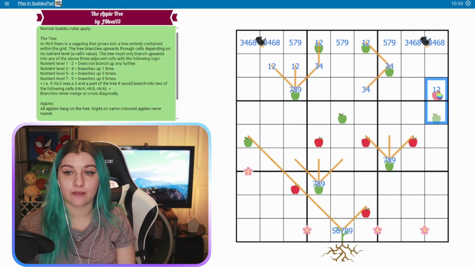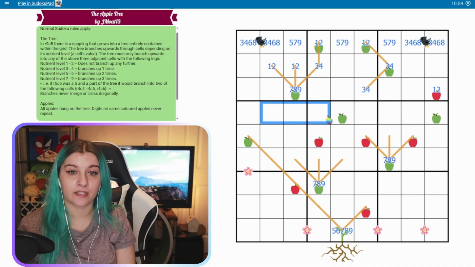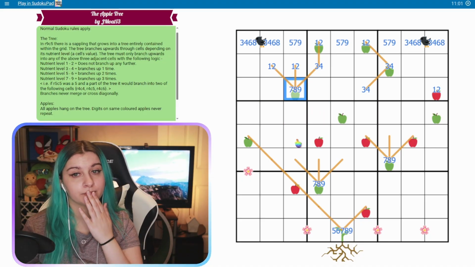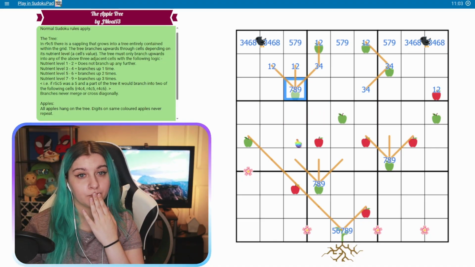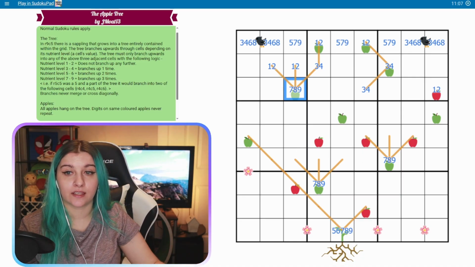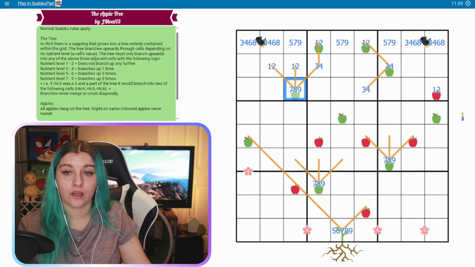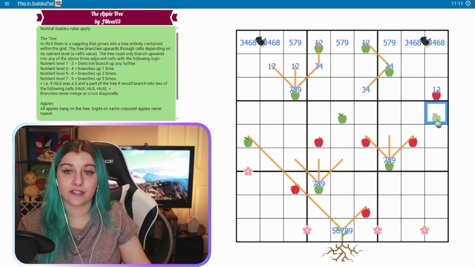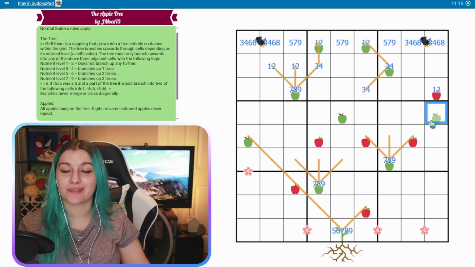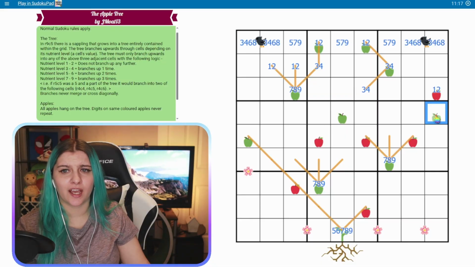This apple can take me here, and this apple can take me here. But I still need something here that'll bring me to here. Let me think again. Oh, well, this needs to go somewhere, right? We know that I don't have any more 1 or 2 green apples, so this does need to go somewhere.